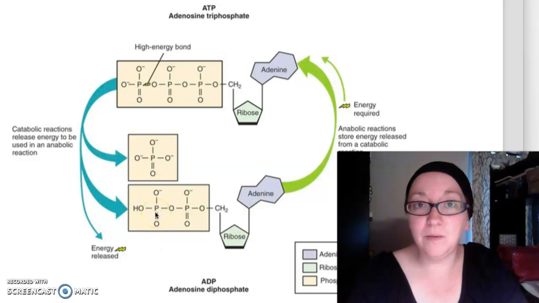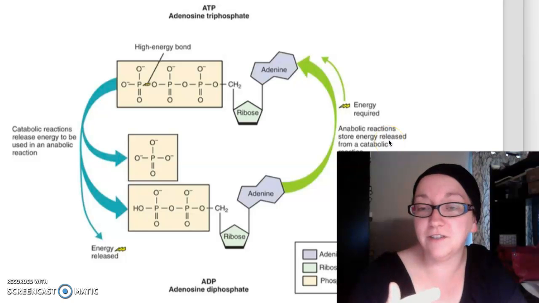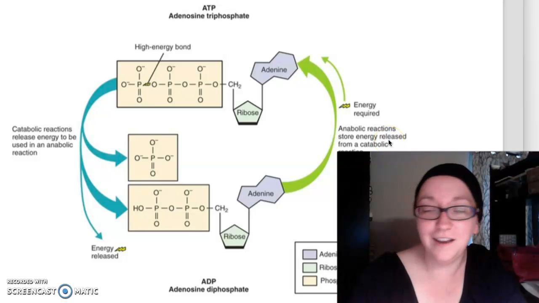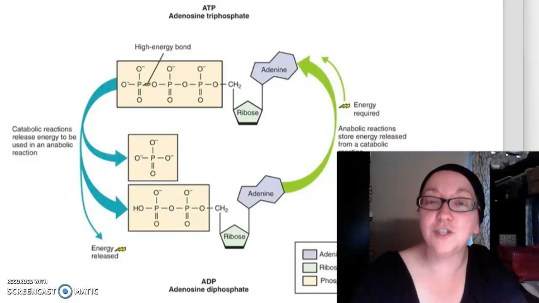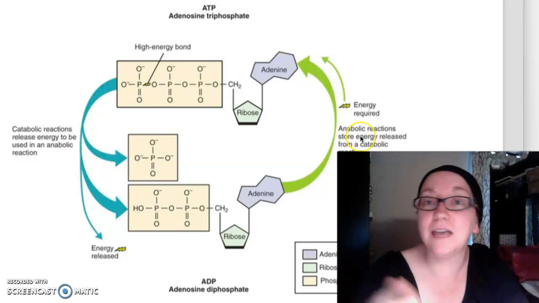Well, in the body, we wouldn't want to waste that ADP, but we have anabolic reactions that can store energy. So if you have some extra energy left laying around, right, then you can store it by putting the energy back into ADP to turn it back into ATP. So saving it for later.